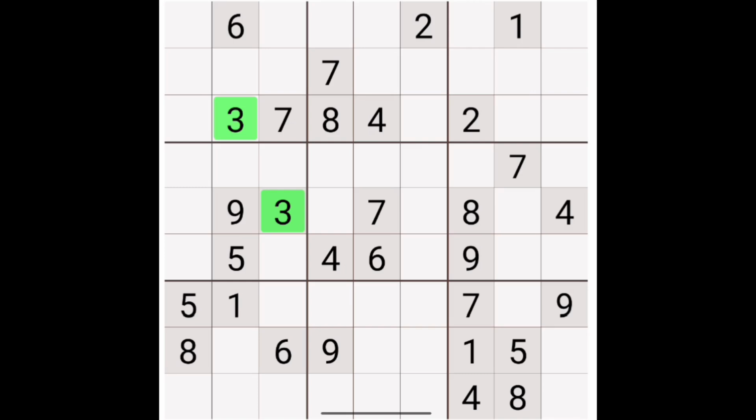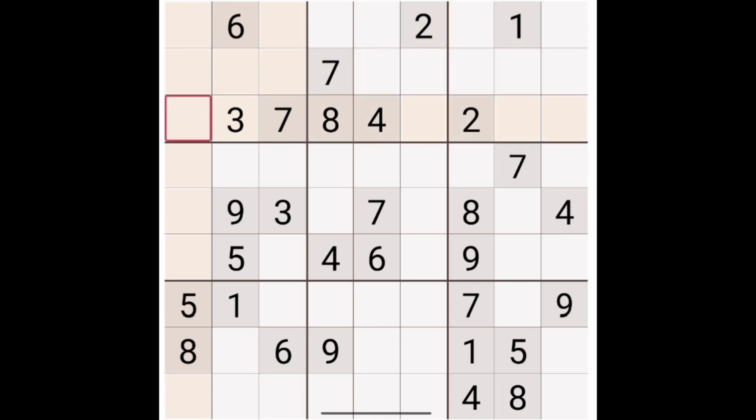Now you can see in the second column and third column 3 is present in both. Only the first column does not have a 3 in any cell. So in the first column we have to fill in 3 somewhere. Let's start from the top.